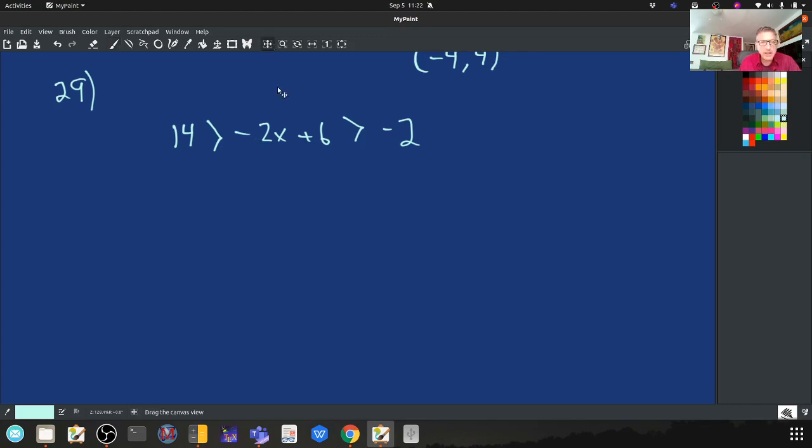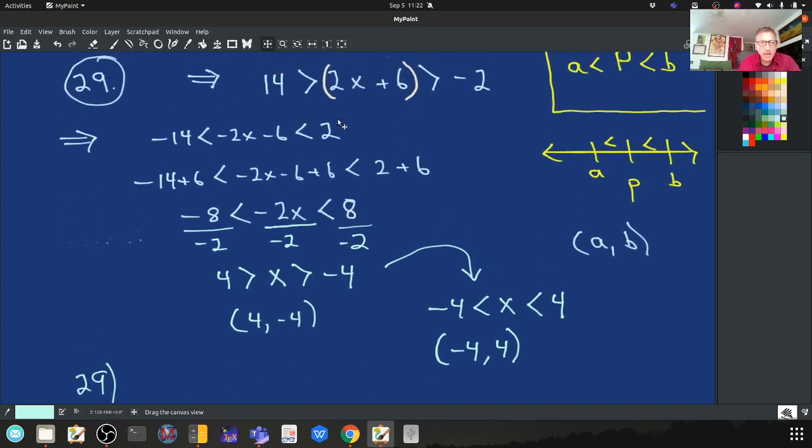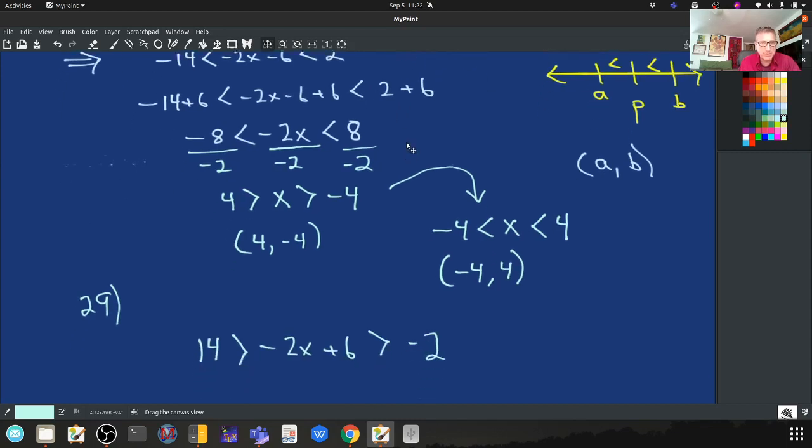Did I write it down wrong? Ah, that's the reason. Okay. So sorry, people, the original in my generated file actually has 14 is greater than minus 2x plus 6. And that's again one of the reasons I flipped the sign.